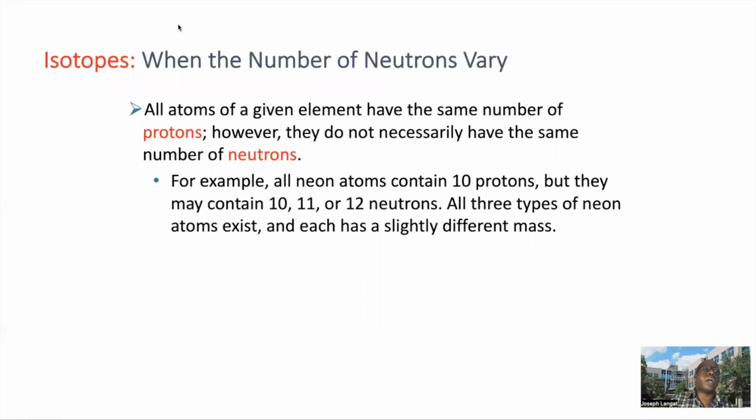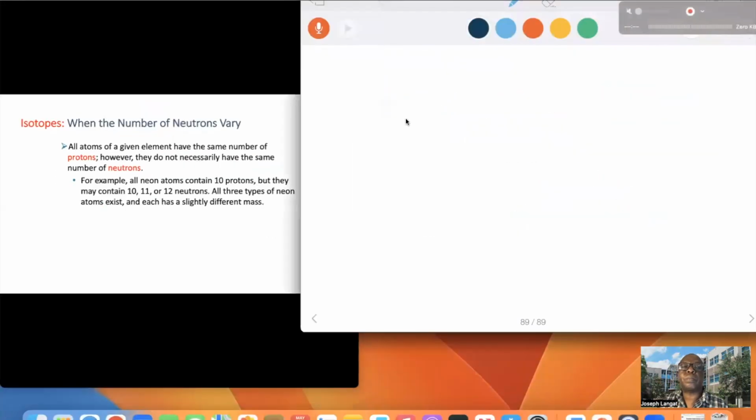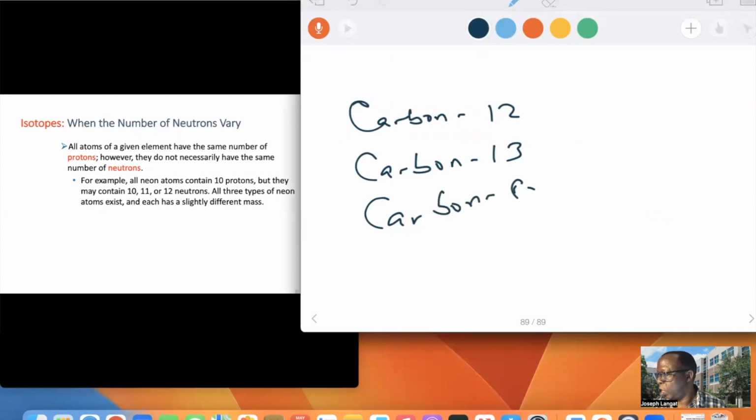We also have carbon-13. Maybe you have heard about carbon-13 and carbon-14. I'll talk about the numbers later on.